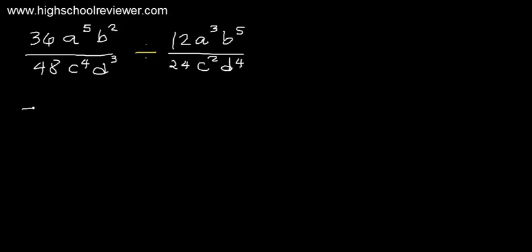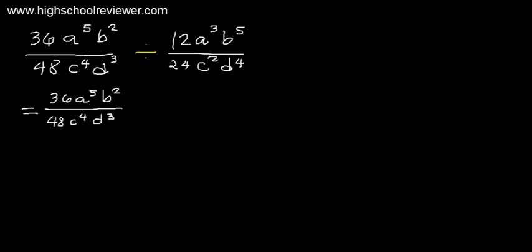So to divide rational expressions, we are going to change this into multiplication, and we are going to get the reciprocal of this. Again we will have here 36a raised to the power of 5, b raised to the power of 2, all over 48 c raised to the power of 4 and d raised to the power of 3.